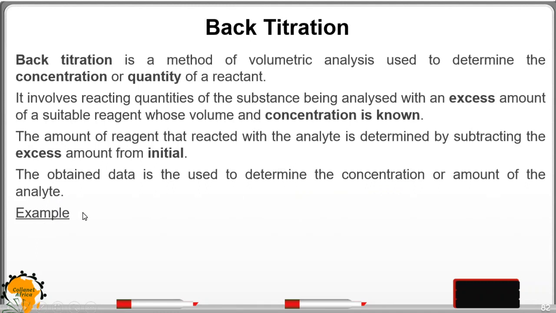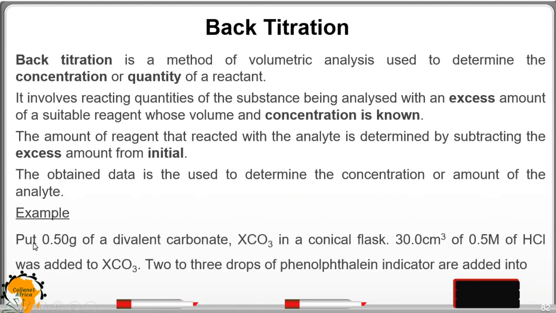Example, to make this concept clear, very simple. Put 0.5 grams of divalent carbonate, X carbonate, di means 2, valency, in a conical flask. 30 centimeters cubed of 0.5 molarity HCl was added to the X carbonate. 2 to 3 drops of phenolphthalein indicator were added into the conical flask.